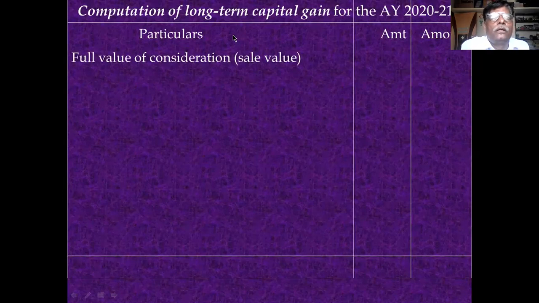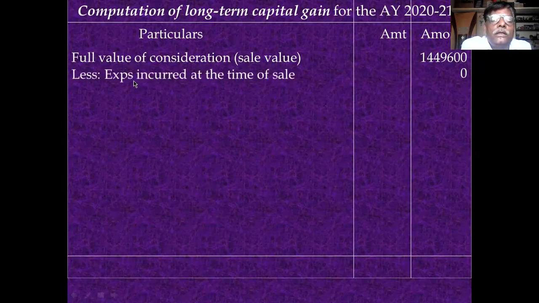Computation of long-term capital gain for the assessment year. You take the full value of consideration, 14,49,600. Then next is selling expense, 15,000.